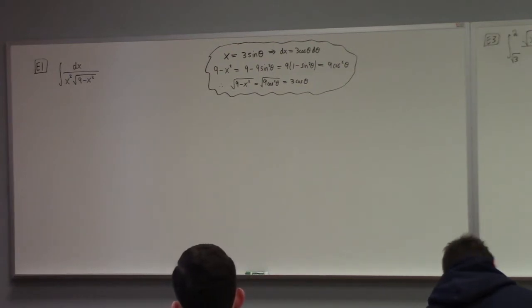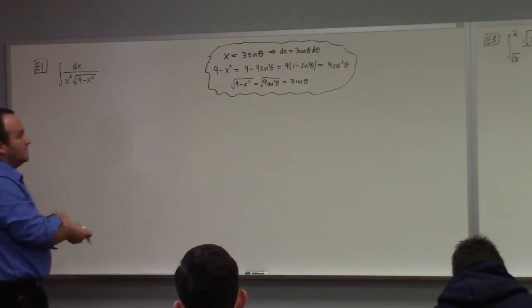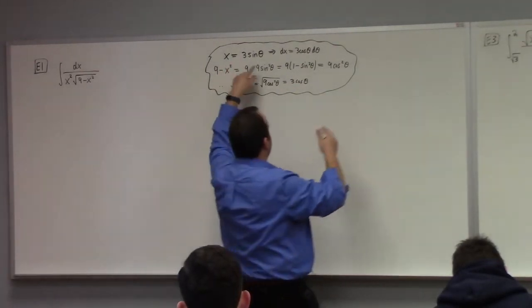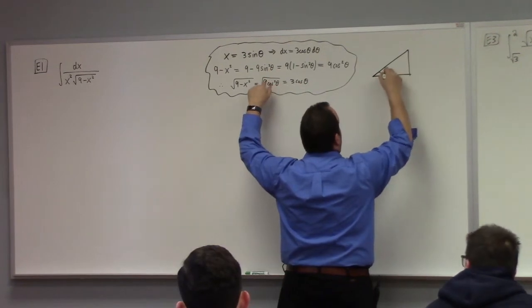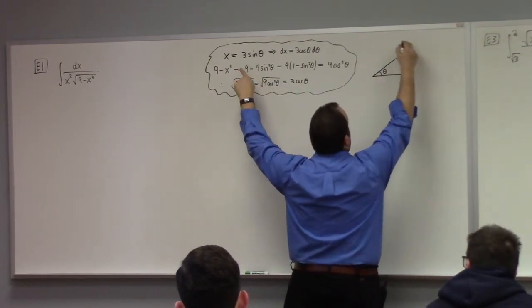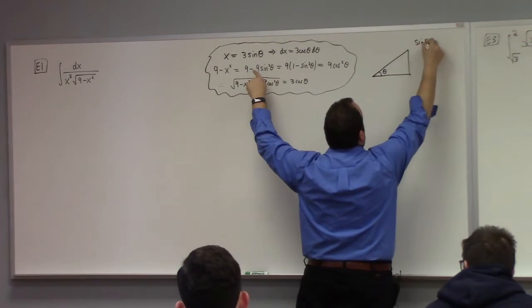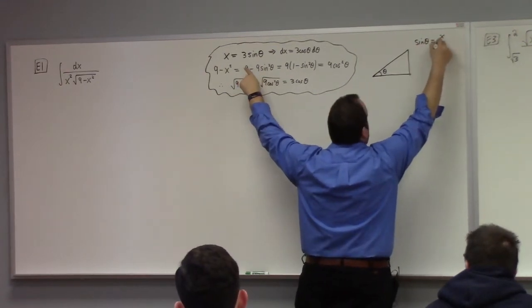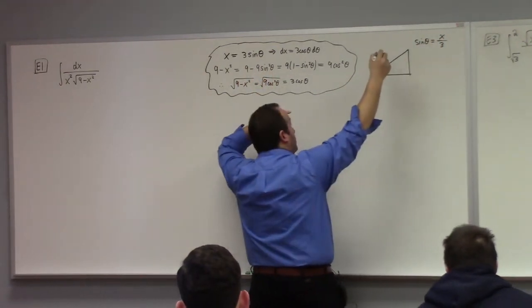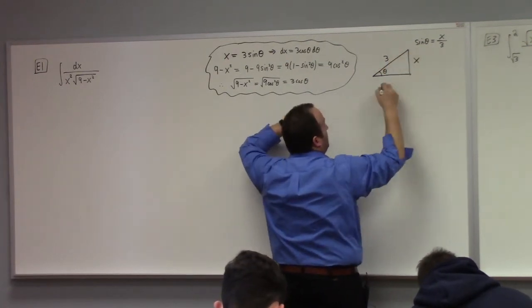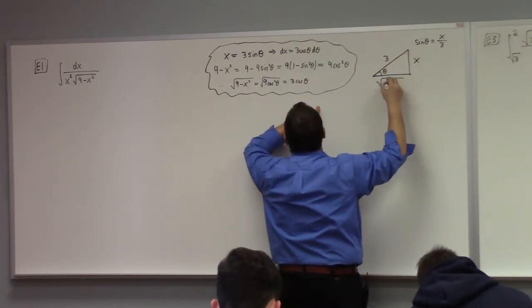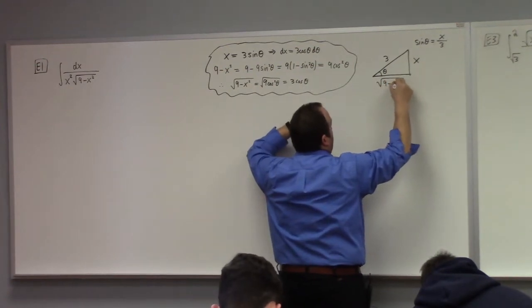How was theta defined? I mean, essentially this triangle tells you everything. This is theta. Sine theta is what? X over 3. So the opposite side is x, the hypotenuse is 3, and here you've got the square root of 9 minus x squared, right?